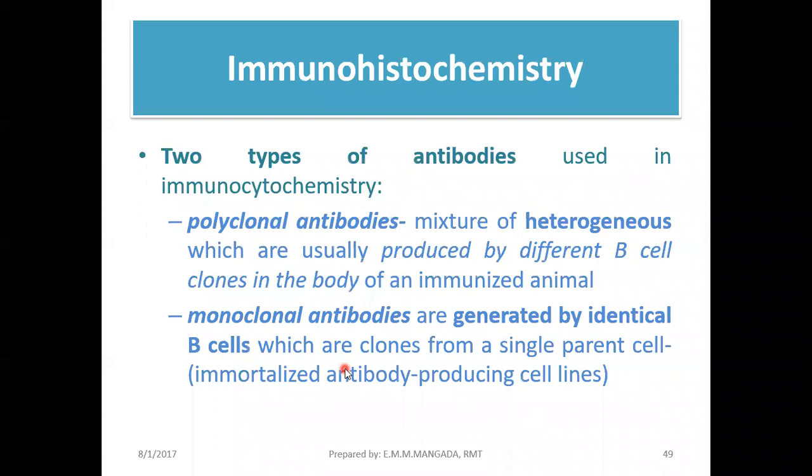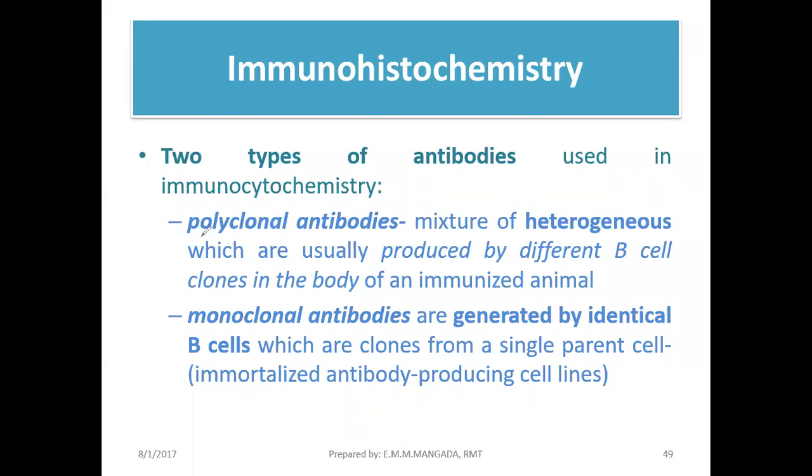Okay? So guys, no, kanina, di ba, in the detection of your antigens, we're using antibodies. Guys, no, the antibodies that we are using in immunohistochemistry or in your serologic techniques, okay, are either polyclonal antibodies or monoclonal antibodies. Anong ibig sabihin?